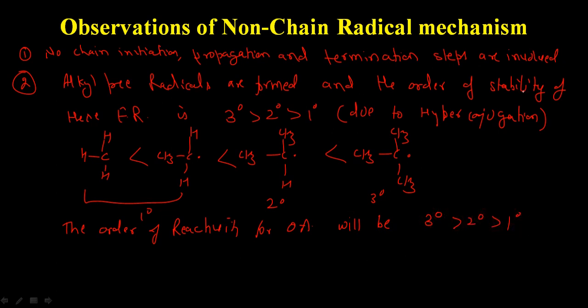Means those alkyl halides which are tertiary will react at a faster rate than secondary, than primary, because the intermediates, which are the free radicals formed, have the order of stability tertiary more stable than secondary, more stable than primary. So this is the order of reactivity of alkyl halides.